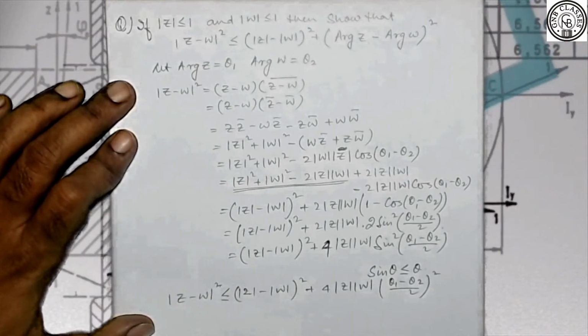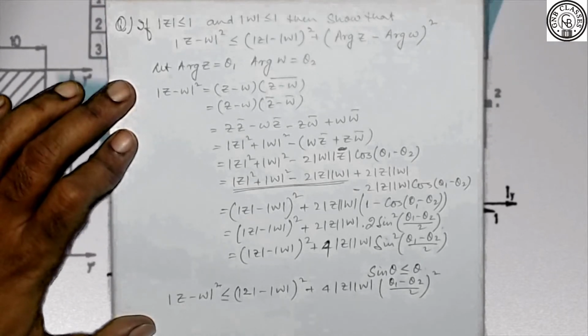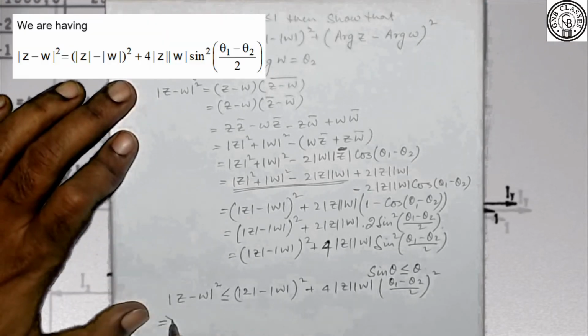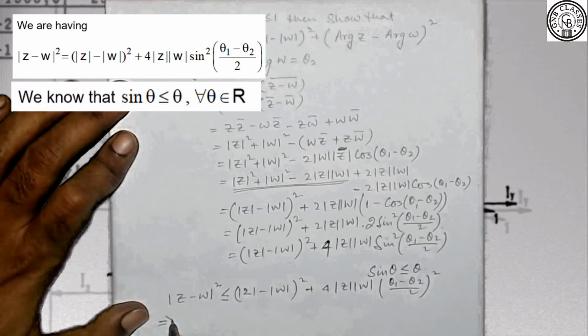Let me explain this part a little more elaborately. We are having mod of (z minus w) whole square equals (mod z minus mod w) whole square plus 4 mod z mod w sine square ((theta 1 minus theta 2) by 2). We know that sine theta is less than or equal to theta for all theta belongs to R. Okay?